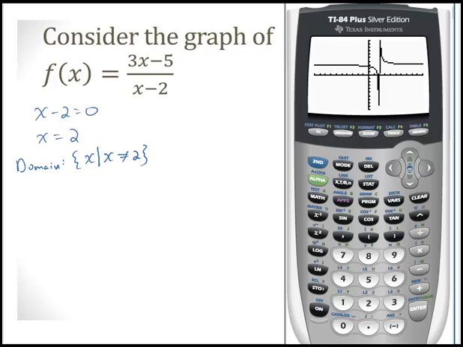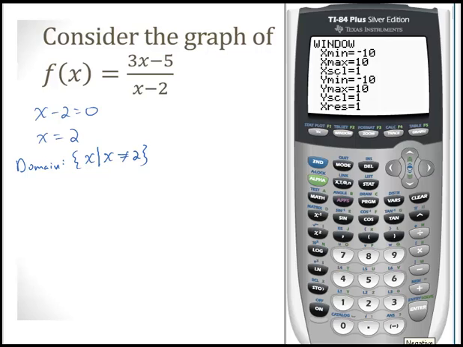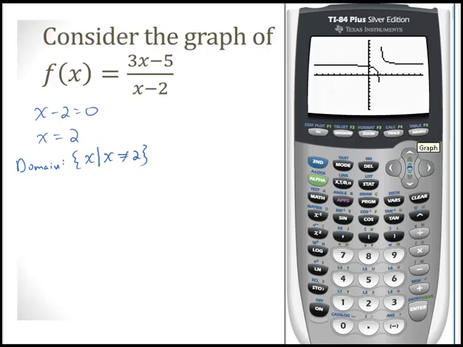I'm going to adjust my window slightly to negative 9.4 on the x minimum and 9.4 on the x maximum. I'm doing that because of the number of pixels in the calculator window, and it turns out that these numbers work well when graphing.